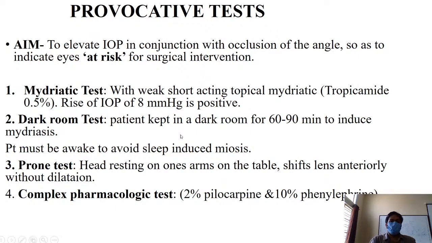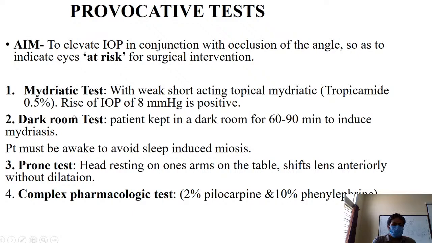We provoke these angles to occlude, and if the patient has symptoms of angle closure glaucoma and we get raised intraocular pressure, then we say that the patient has angle closure glaucoma. Okay, so the aim is to evaluate IOP in conjunction with occlusion of the angle so as to indicate eyes at risk for surgical intervention. Previously they used to do surgical iridotomy, so for that it was very much needed.